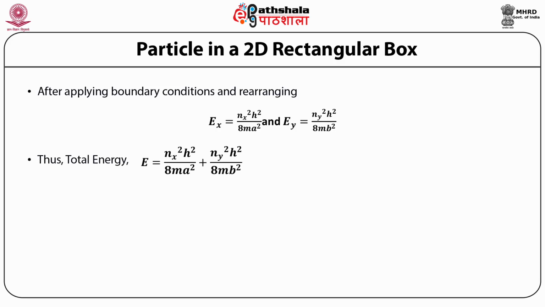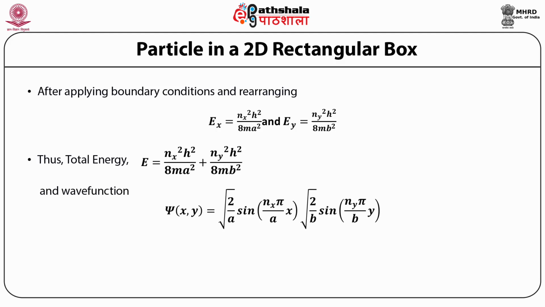So the total energy is given by E is equal to nx square h square by 8ma square plus ny square h square by 8mb square.